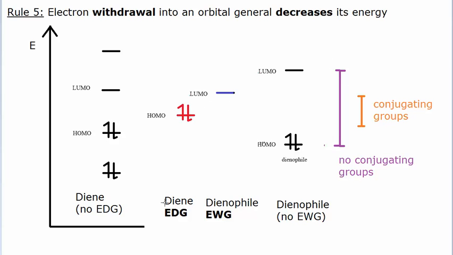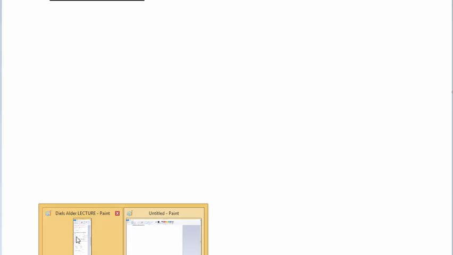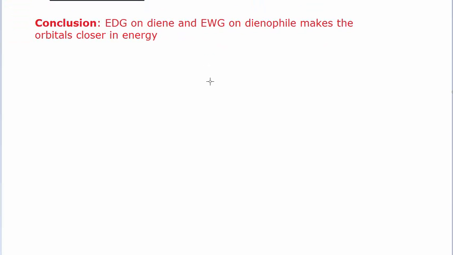But as you put donating groups onto the diene, and as you put withdrawing groups onto the dienophile, the orbitals become closer in energy, and you have a more favorable bonding interaction that can actually take place. So in conclusion, the donating groups in the diene and the withdrawing groups in the dienophile make the orbitals closer in energy.